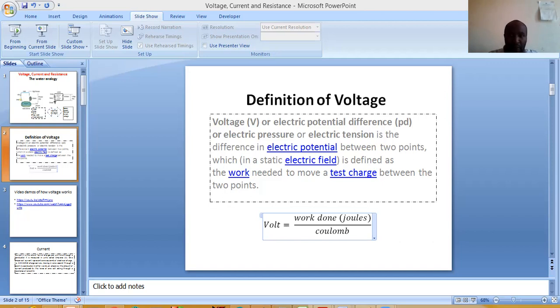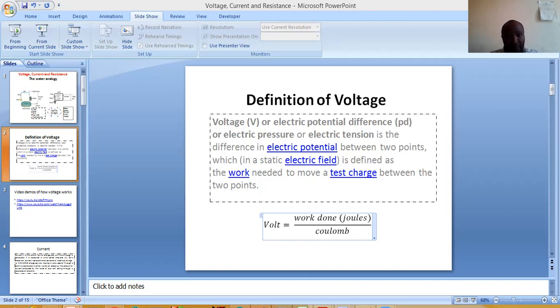Resistors, for example, will be categorized as the electrical load. If you put a bulb, for example, that would count as an electrical load, and so on and so forth.